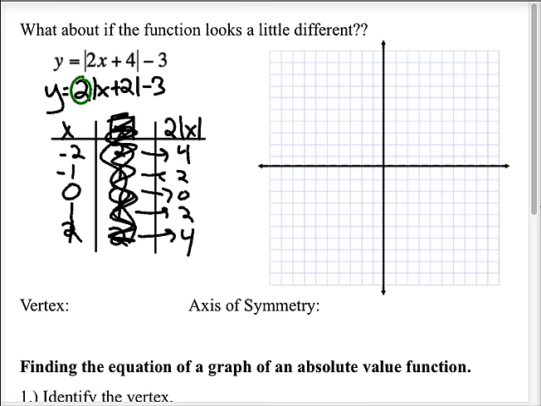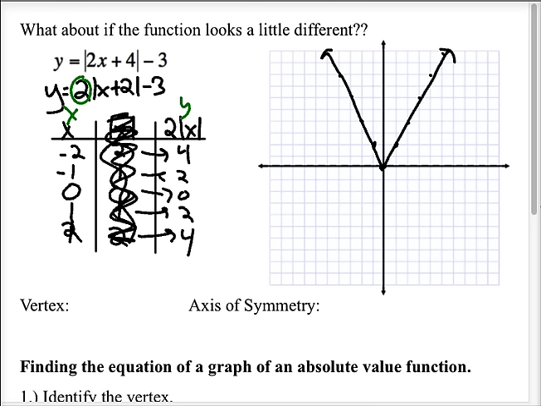I can use these as my x's, these for my y's. So I'm going to plot those values. And again, since it's a line, it will extend so you can be as accurate as possible in your graphing. So that's what the original stretch looks like.